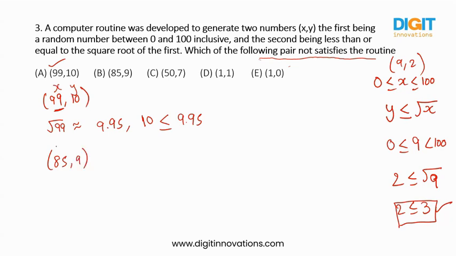85 and 9. This is x and this is y. So the first x value is between 0 and 100. I accept it. Next one, root of 85, we have to find out, which is 9.22.